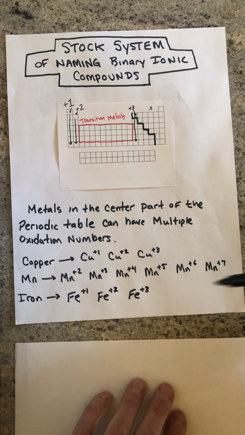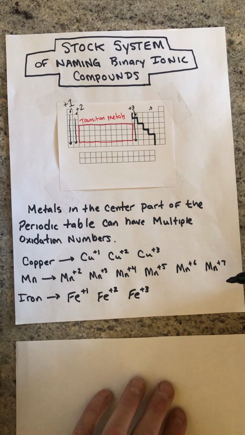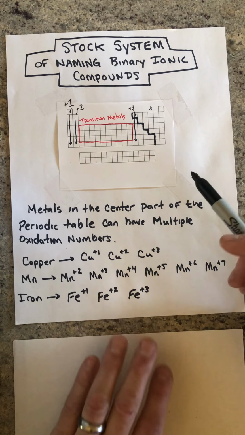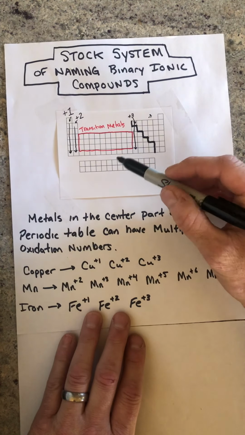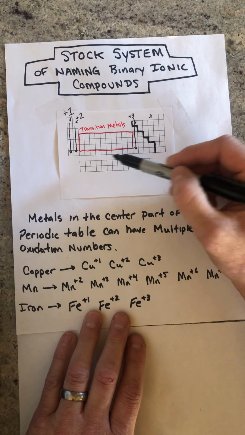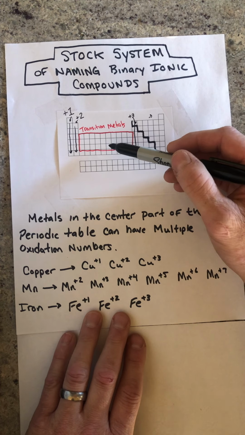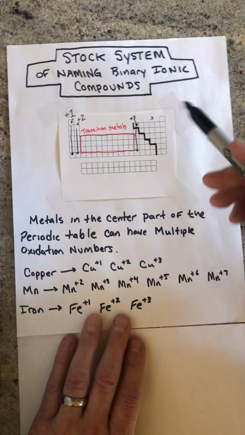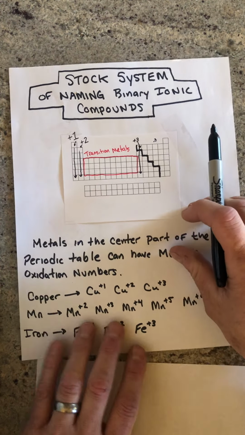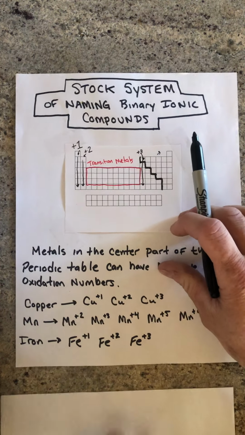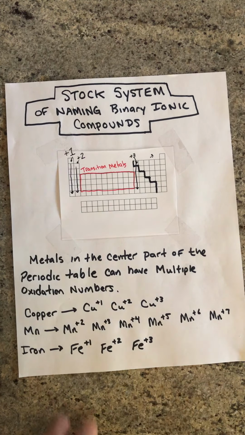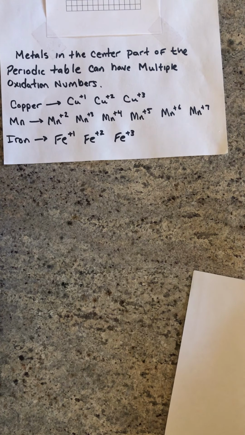Manganese has a whole bunch, all the way up to +7, and iron has multiple oxidation states too. And that's just 3 examples from, whatever there are, like 30 elements in this transition metal block. They all have multiple personalities, and so because of that, we have to name them a little bit differently. So let's take a look at some of that stuff.